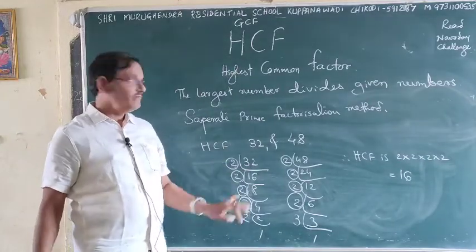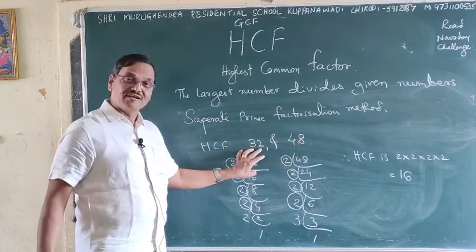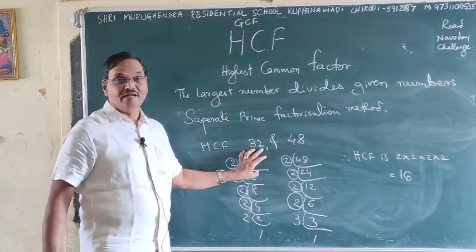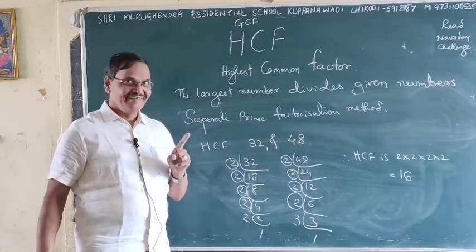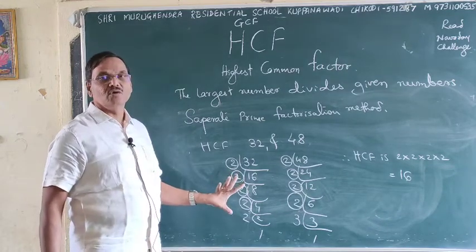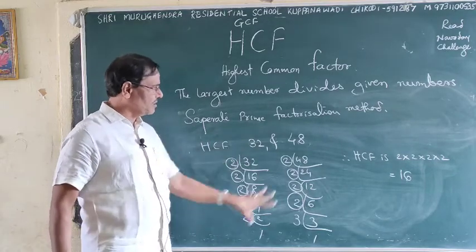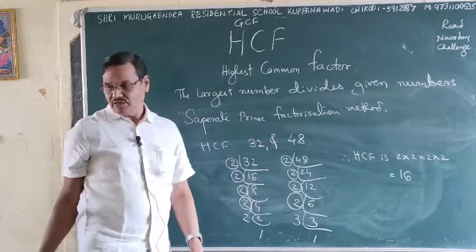See, 16 can divide 32 and 48. 16 2s are 32. 16 3s are 48. Isn't it? But this method is also very difficult, because we are finding the two sides all separately.